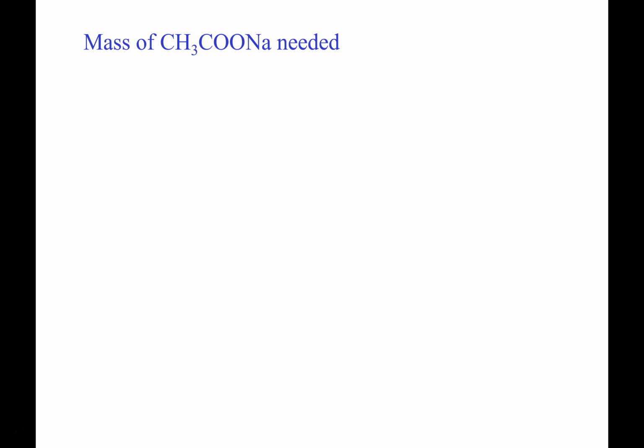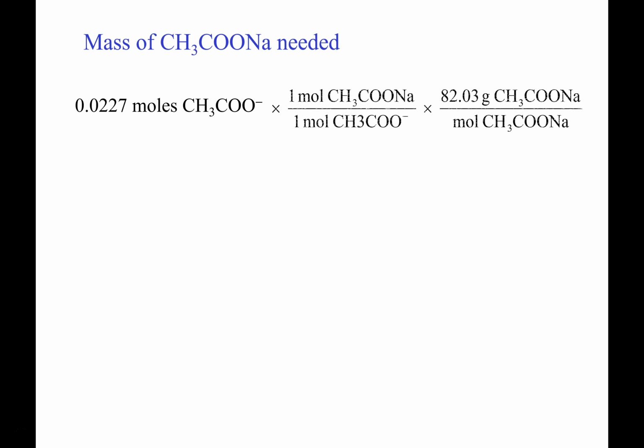The molar mass for sodium acetate is 83.03 grams per mole. But before we use the molar mass of the salt, we need to recognize that for every 1 mole of CH3COONa, we will have 1 mole of CH3COO negative.